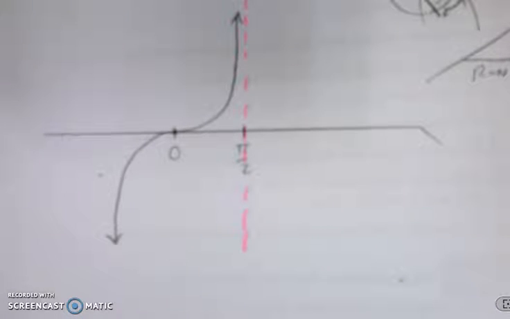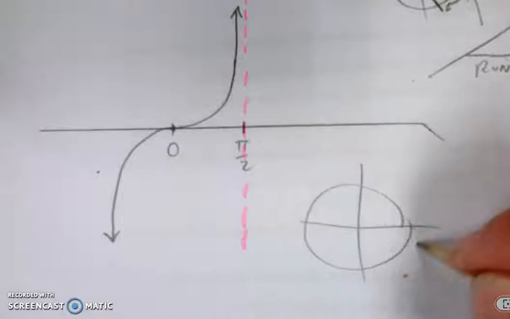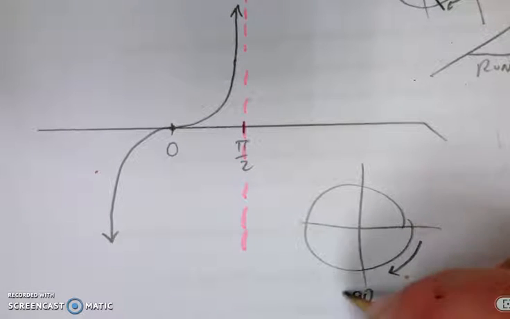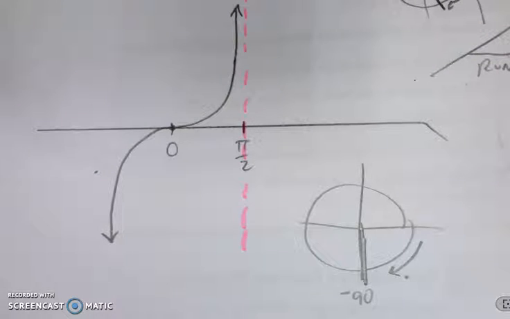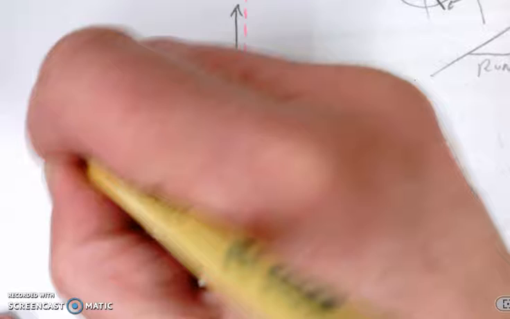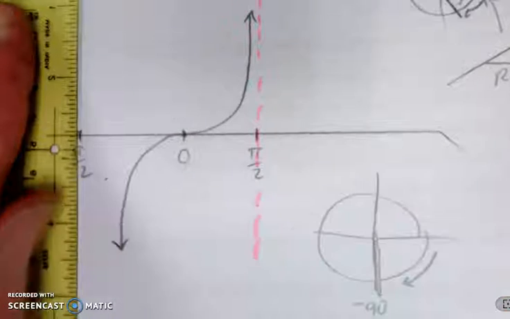And then once again, if we rotate down here to -90, your line's going to be straight up and down. That's undefined slope. So at negative 90 or negative pi over 2, it will be undefined as well.